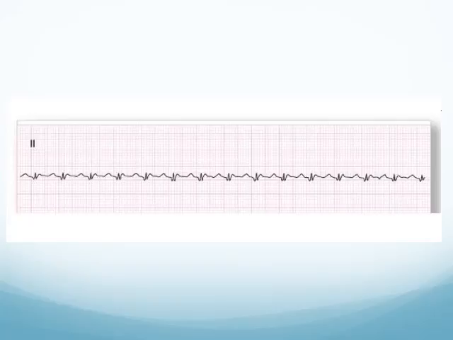So we have an atrial rate, or flutter wave rate, of about 300 with a ventricular rate of 150. So we can say that this is atrial flutter with 2-to-1 conduction.